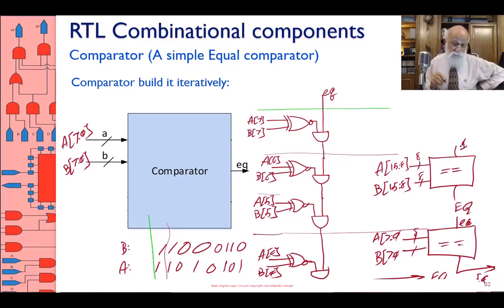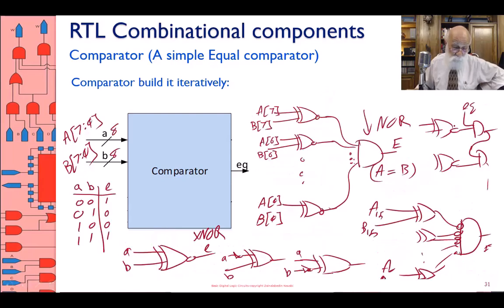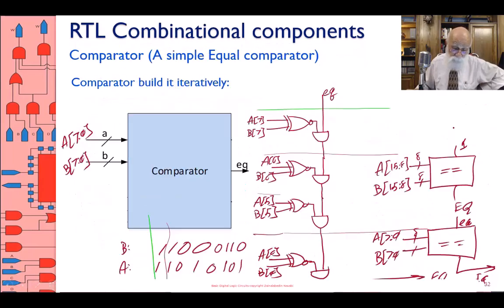Remember what I said? I said that when you just come into this from the left hand side, you assume A and B are equal, and therefore you put a 1 there, and then just connect the output equal to the input equal of the next one.